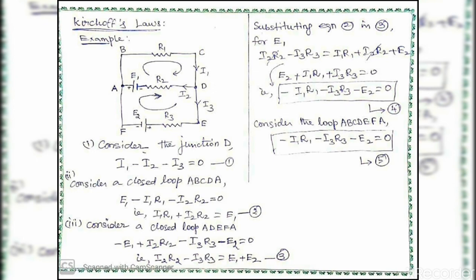We can also apply the loop ABCDEF, the final loop. Finally, for this loop we obtain minus I1 R1 minus I3 R3 minus E2 equals 0. This is from the third loop, and it can also be achieved by substituting equation 2 in equation 3. So voltage is conserved and the Kirchhoff voltage law is verified by using equations 4 and 5.